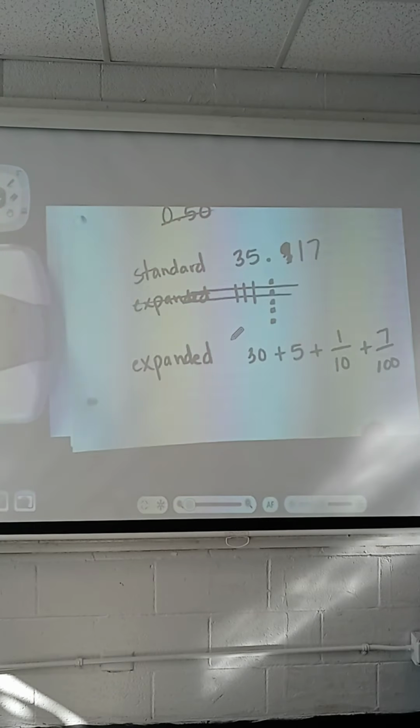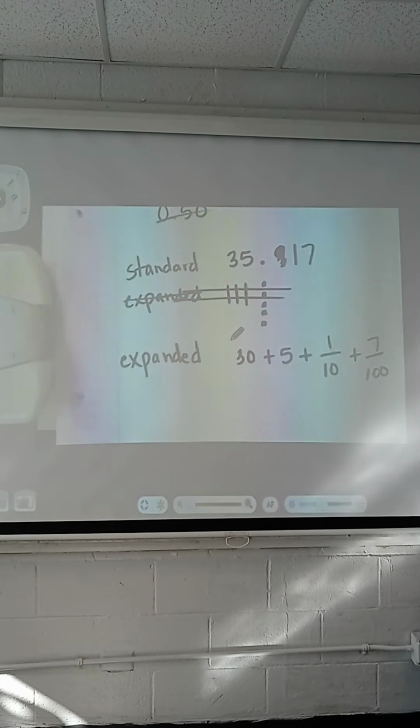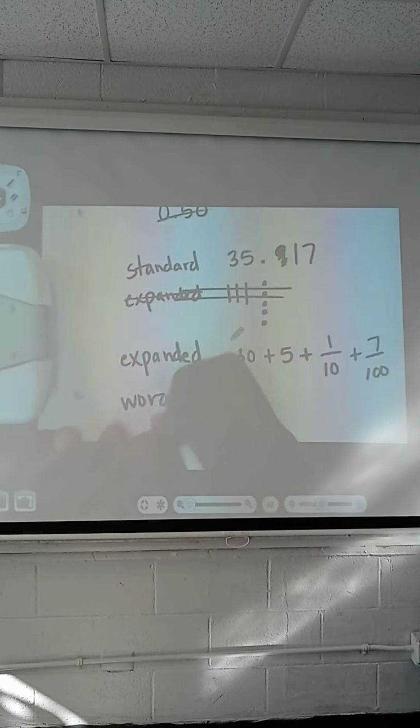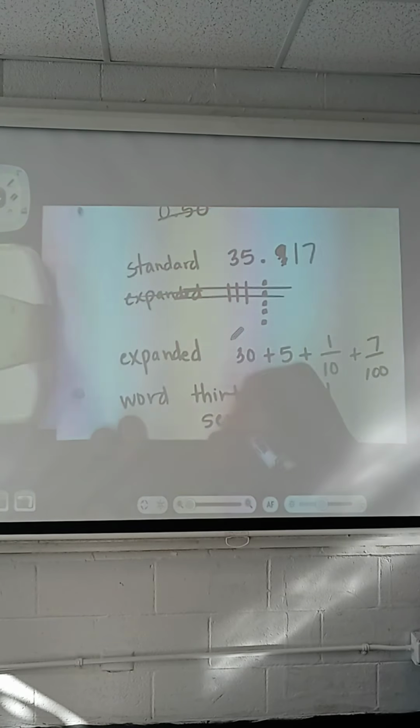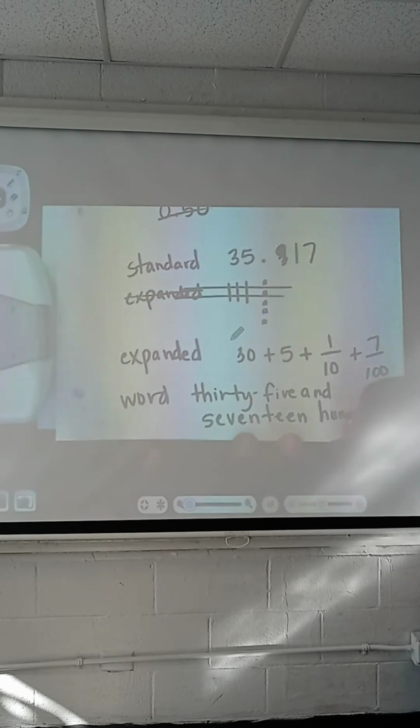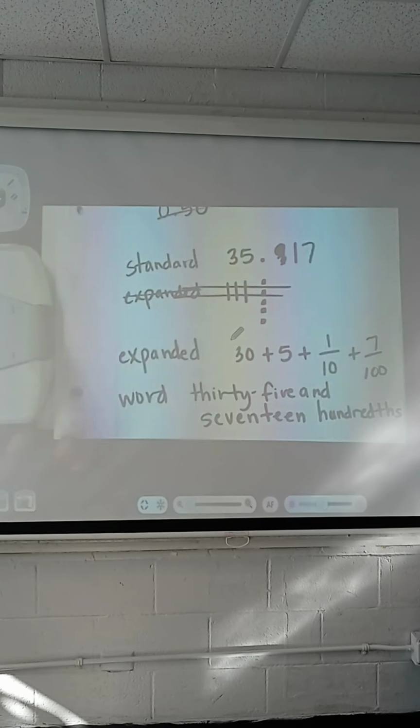That's expanded, right? Word form would be 35 and 17 hundredths. Make sure you have the word and. Make sure that th is at the end.